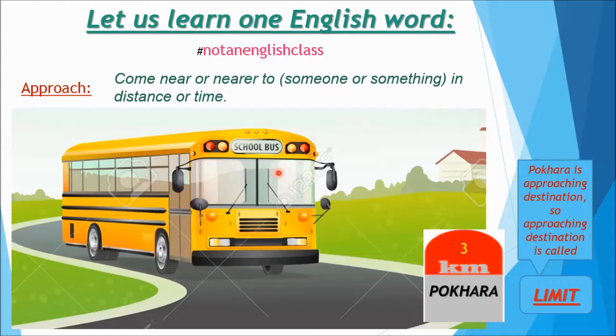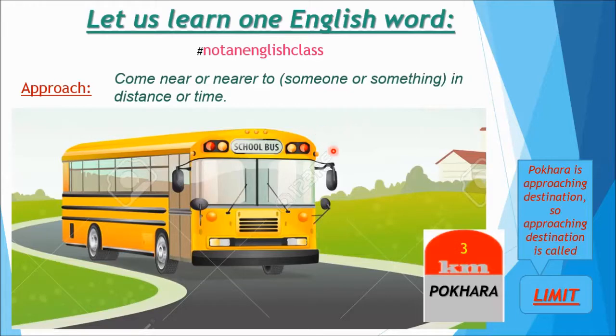There is some fare between these two places, Pokhara and Gagangauda. Although the passenger's destination is Gagangauda, he has to pay the full fare of Pokhara. So what we can say is its limit is Pokhara, isn't it? The fare says that the limit is Pokhara, although the destination is Gagangauda.